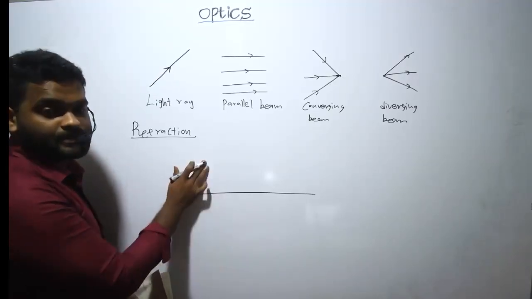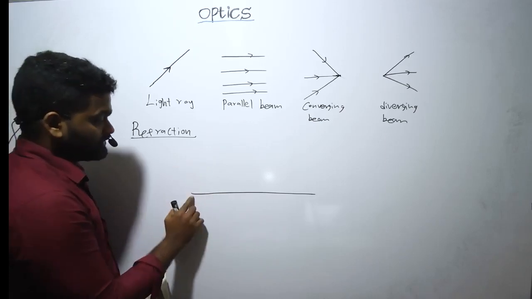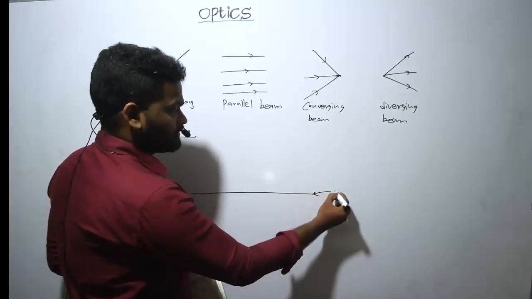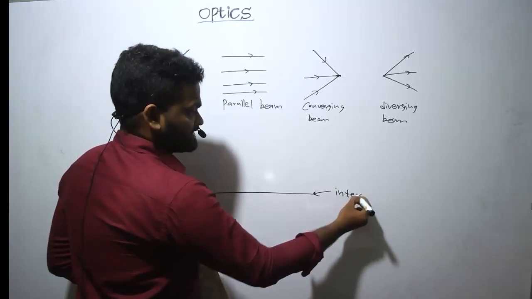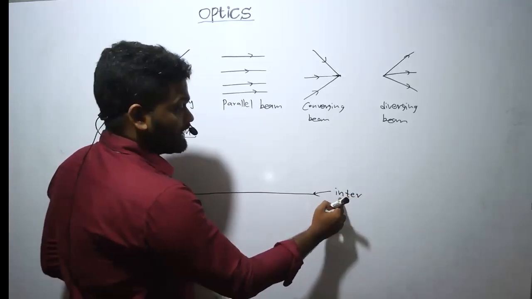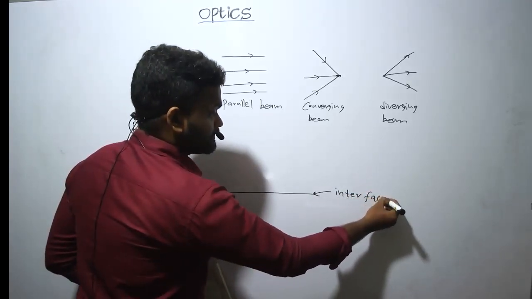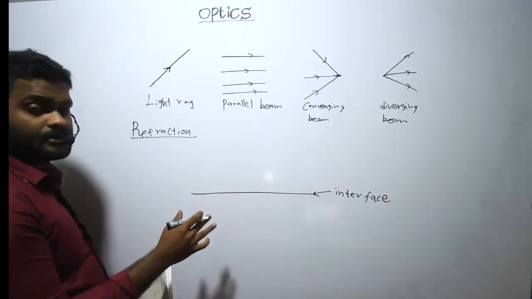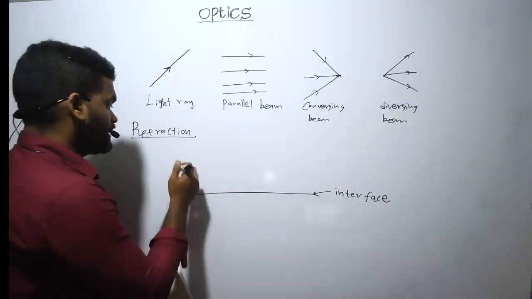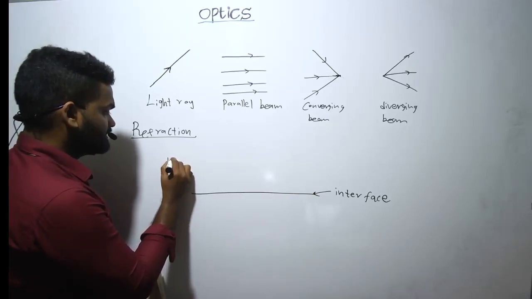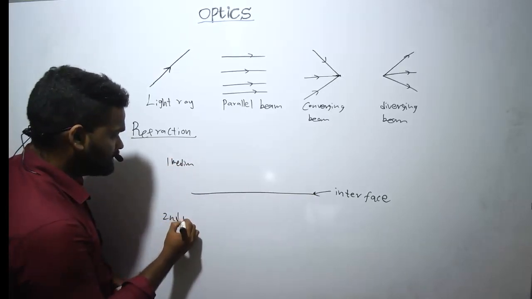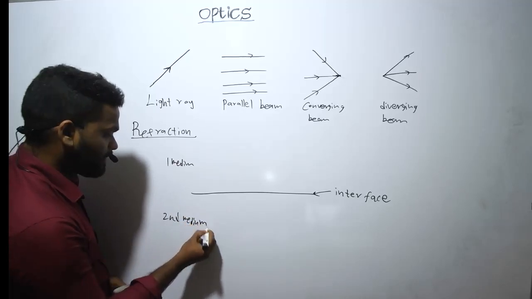Any two mediums. This line we call the interface. You can take notes as I'm explaining. It separates two mediums. Let's say this is the first medium, and this is the second medium.